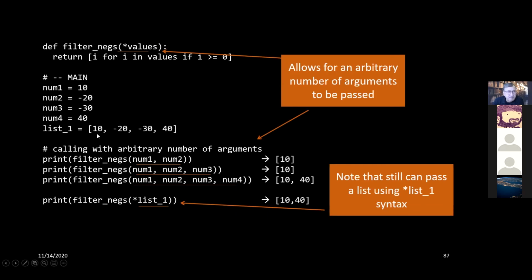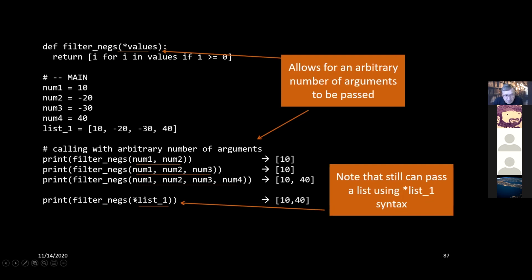This will accept, I made 4 variables in a list. I could call this with 2 separate variables, num1, num2, and it'll take it. I can call it with 3 or 4. I can call it with a list of values, and it will take that.